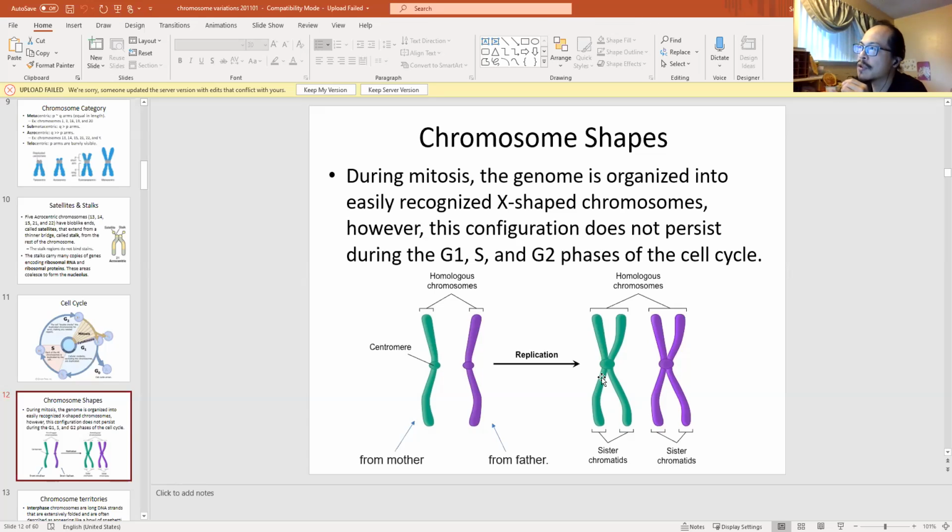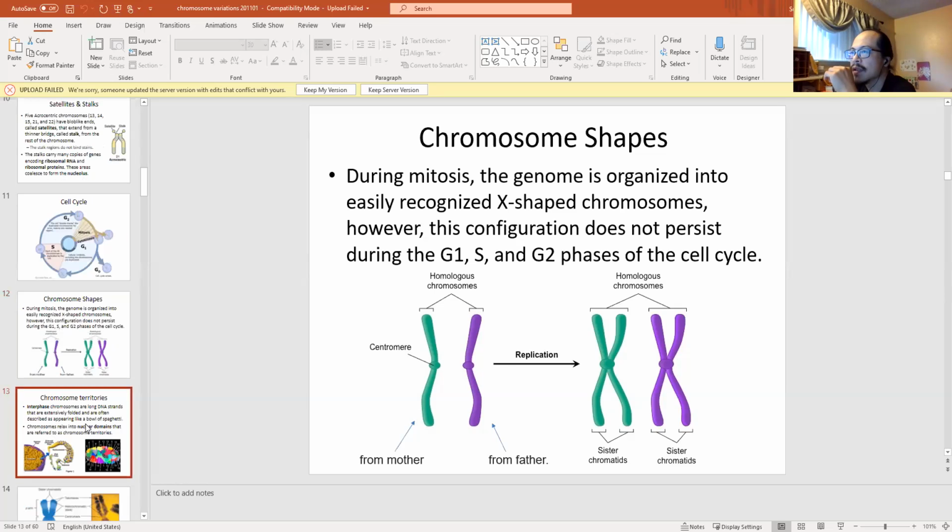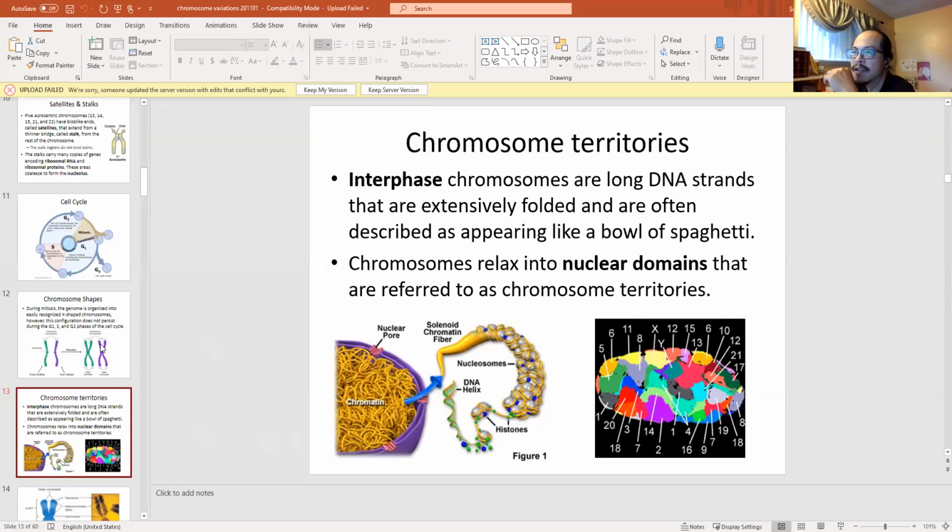However, this beautiful, easily recognizable X-shaped chromosome is not always the case. In particular, in the interphase, before the division, the chromosome may appear more realistically like a ball of spaghetti, like this one here.